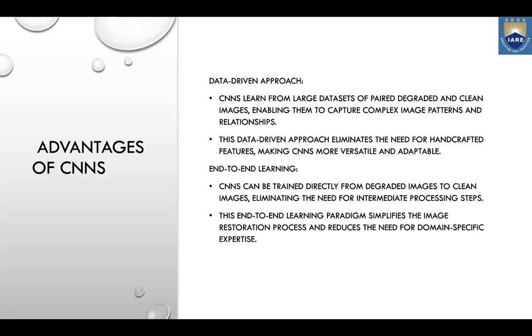That will make sure that it understands the image patterns as well as the relationships. And then if you give an image of a dog as input, it will say it is the image of a dog. If not, it will return false. So this data-driven approach eliminates the need for handcrafted features, making CNN more versatile and adaptable.